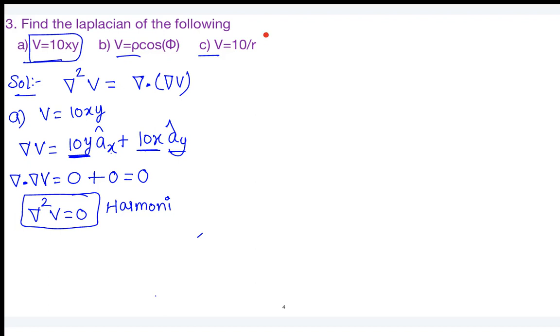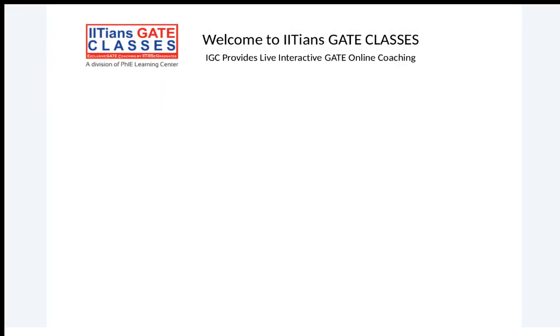Do it for ρ cos φ. You can take this as the second scalar function. First of all, if it is other than rectangular, try to write down the generalized equation.